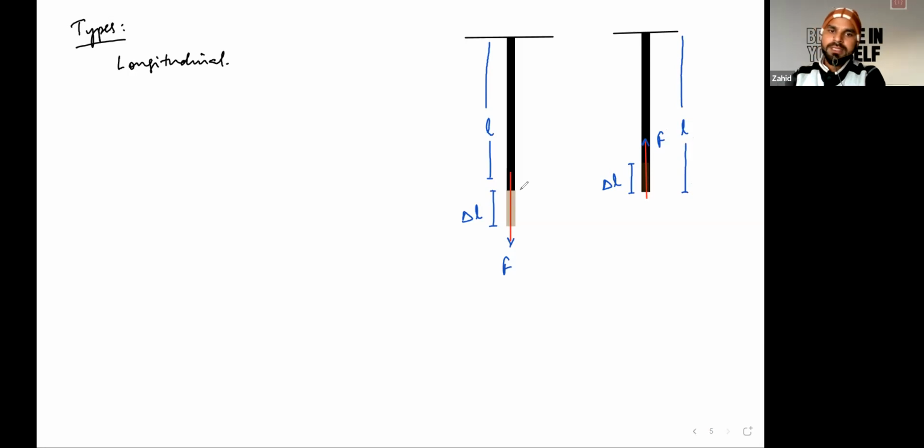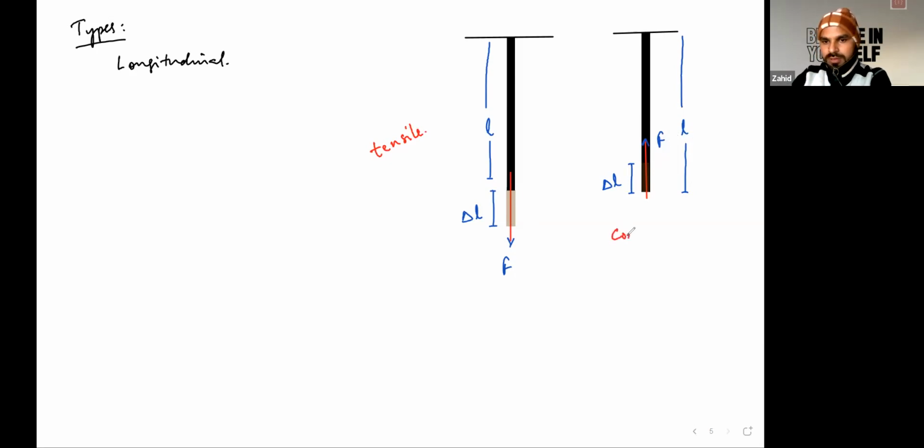So first, in this part, on applying deforming force along its length, there will be possibility of elongation in that particular wire. So it is called tensile. In the second part, deforming force is applied to compress it.